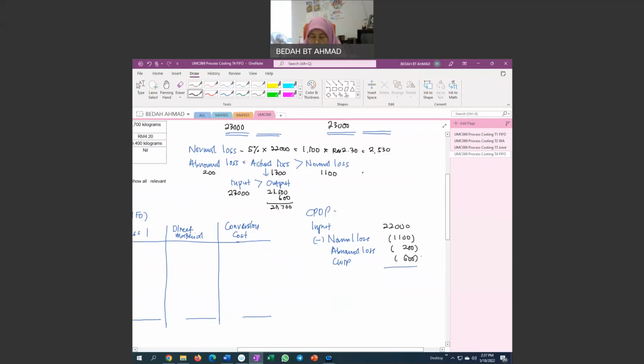So the CPDP is 22,000 less 1,100, less 200 and less 600, so it is 20,100.